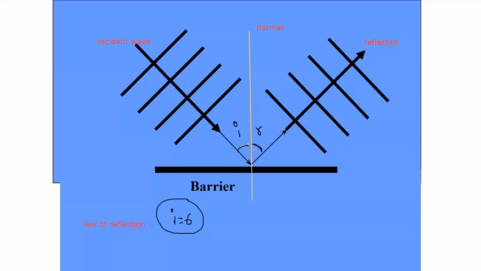The angle at which waves strike the surface is always the same as the angle at which the wave bounces off. Is it clear? When the wave moves towards a barrier, it hits the barrier and changes direction. This property of the wave is called reflection.